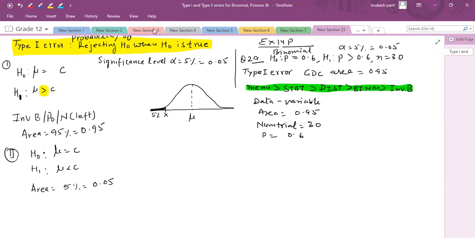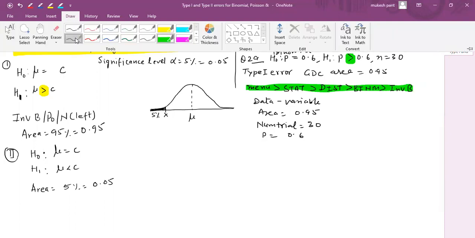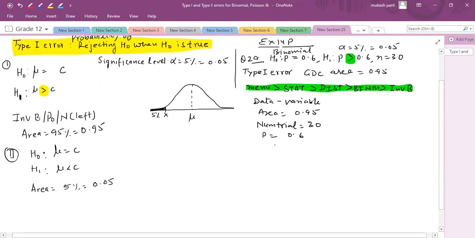In the case of binomial distribution, one more thing: if we have this sign, that is, if the mean is greater than whatever mean is given in the null hypothesis, then the critical region X will be X greater than or equal to A minus 1.